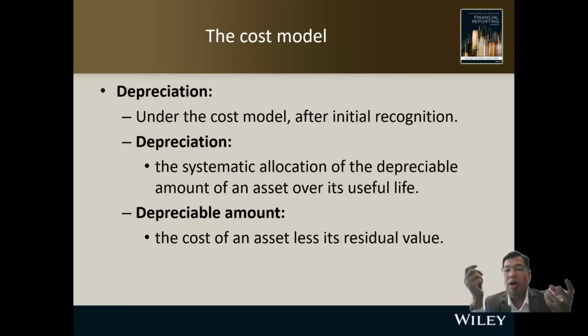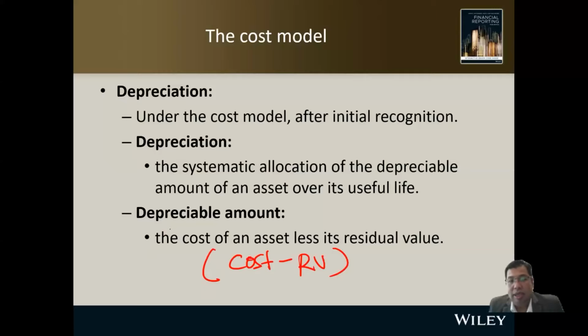We don't want to put that asset 100% as our expense in the year of purchase, but we allocate the cost. Then we come up with the depreciable amount, which is the cost of the asset less residual value. This is the depreciable amount that will be depreciated over time.